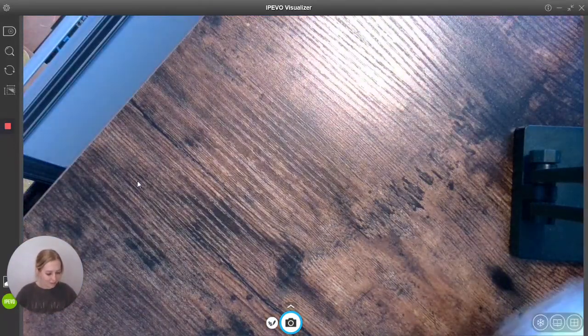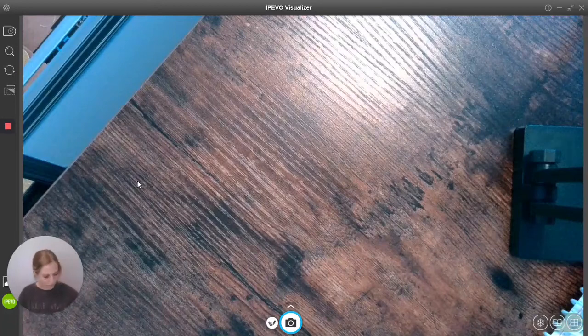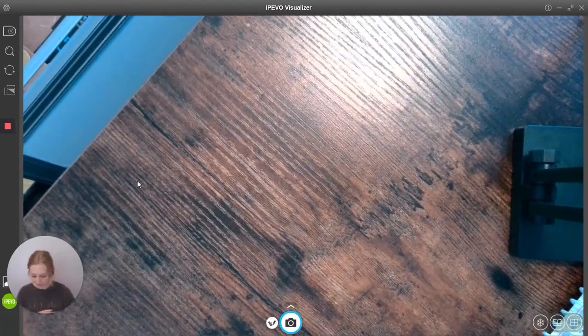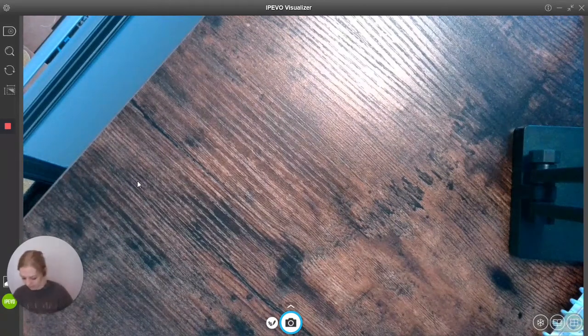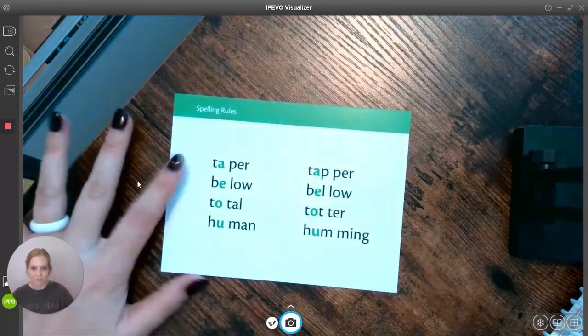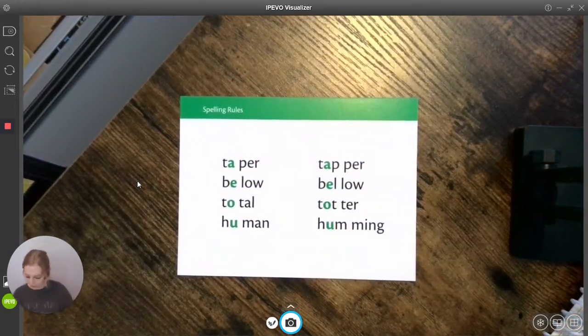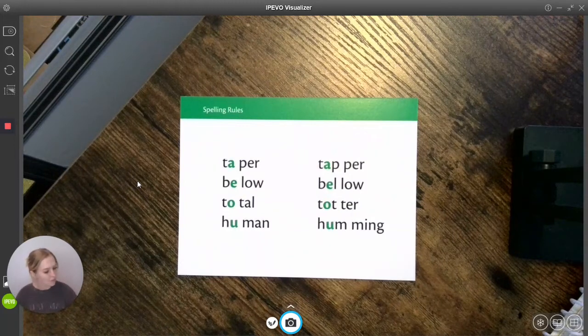I am now going to show you a spelling rule. I'm going to show you this one. I'm going to show you the back of it. Okay, take a chance to look over those words for a second. Read them in your head, and then we're going to read them together.